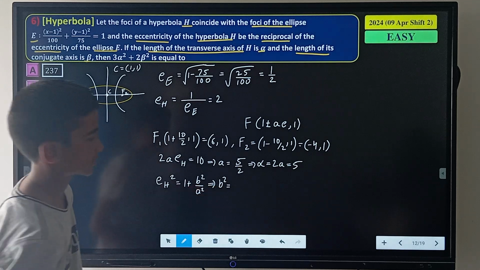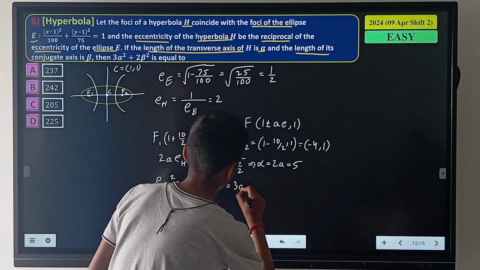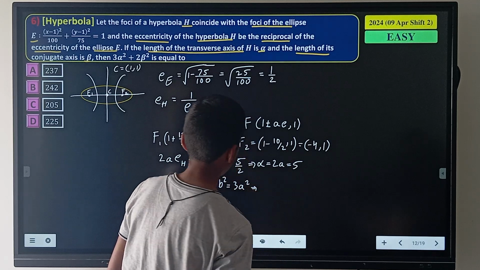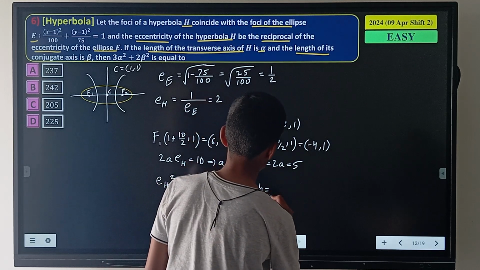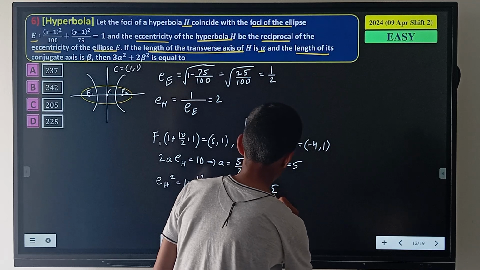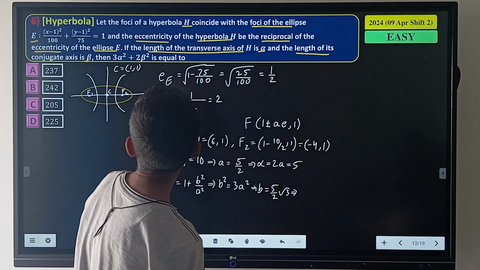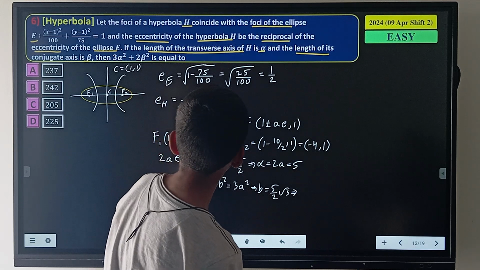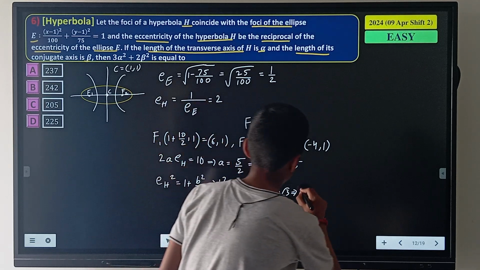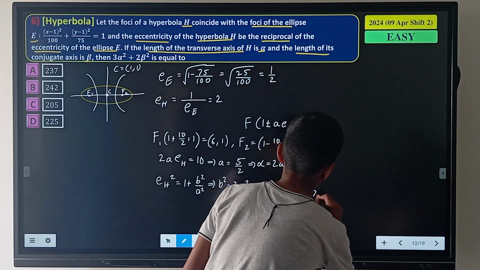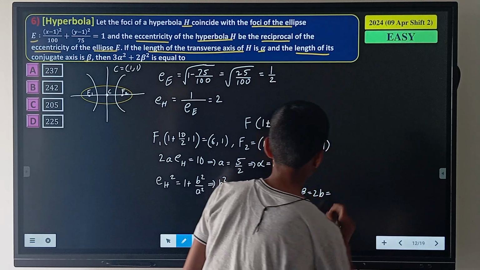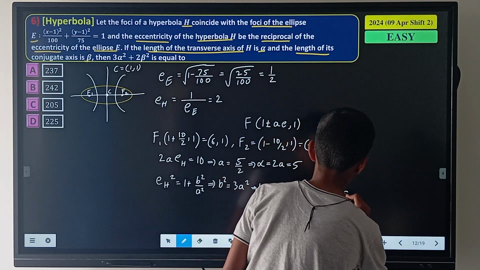My b is equal to 5 root 3 upon 2, and my length of conjugate axis, which is beta, is equal to 2b, which is equal to 5 root 3.